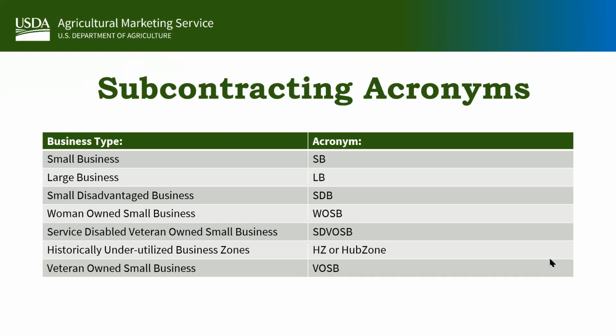As you can see, small business is SB, large business is LB, small disadvantaged businesses, SDB, women-owned small business is WOSB, service-disabled veteran-owned small business is SDVOSB, historically underutilized business zones is HUBZone, and lastly, veteran-owned small business is VOSB.